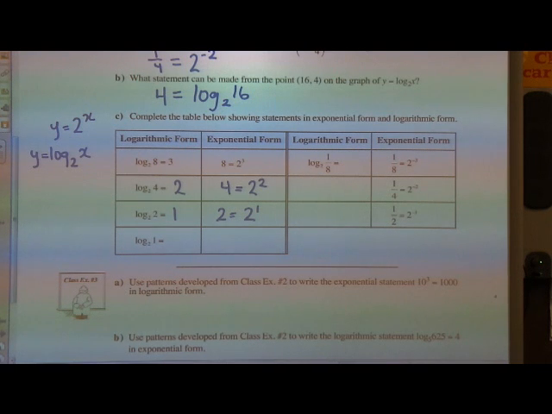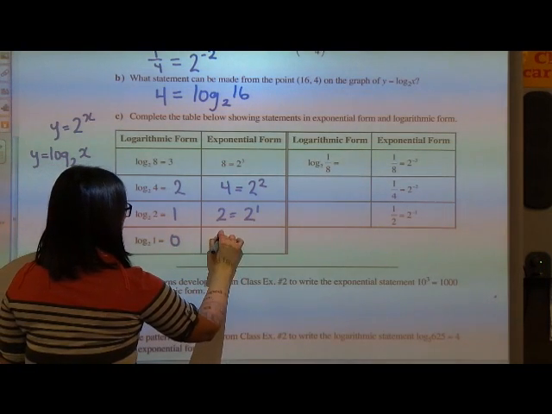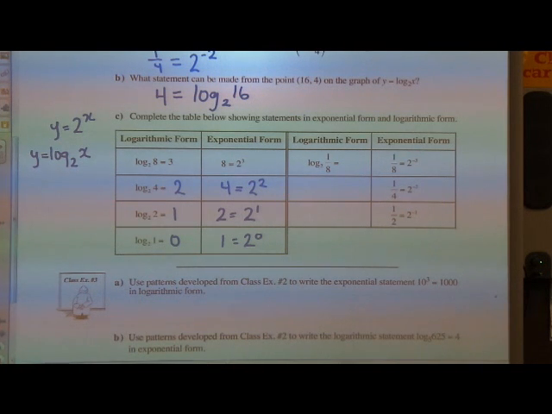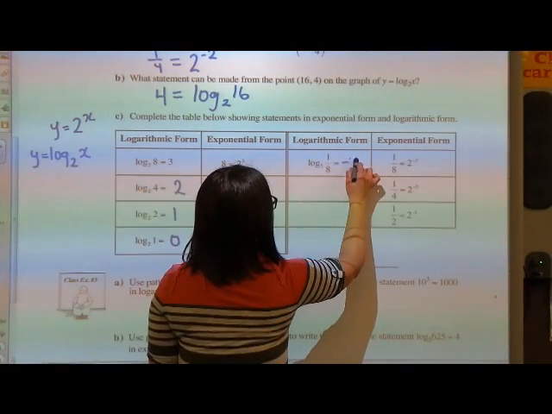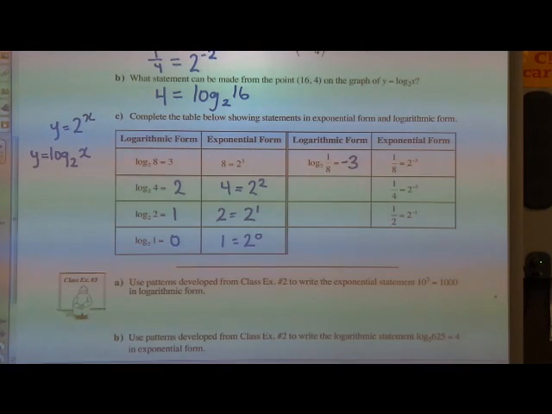So take a moment to fill in the last part of the chart, and then you can press play and see where we are at. So log base 2 of 1 equals 0, and then I get 1 equals 2 to the power of 0. On the next column, log base 2 of 1/8 equals -3. And 1/8 equals 2 to the power of -3.